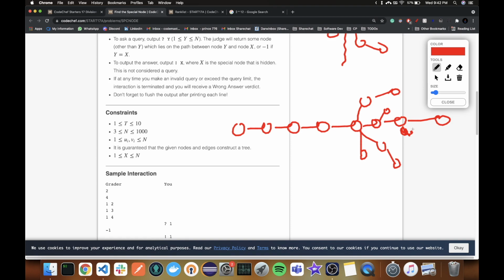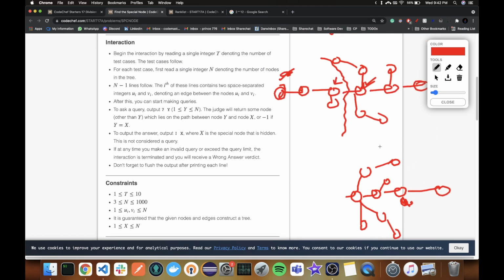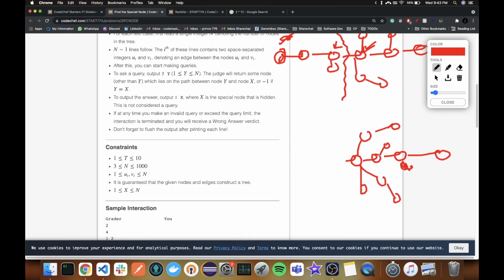No problem really. Okay. So that means it's here. This much tree is cut. So this much tree is cut. And I have to wonder if it is here.